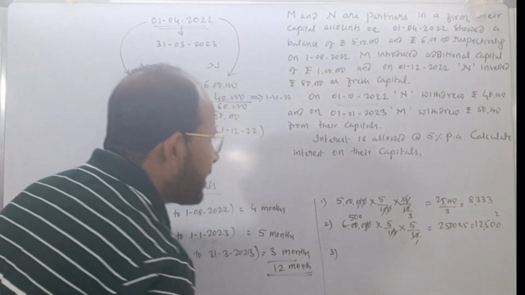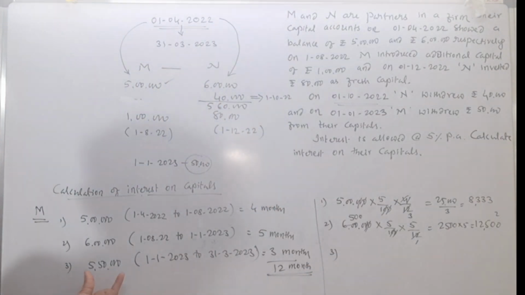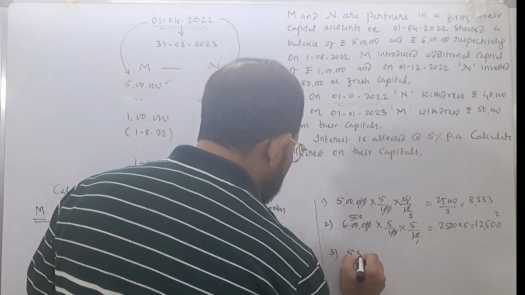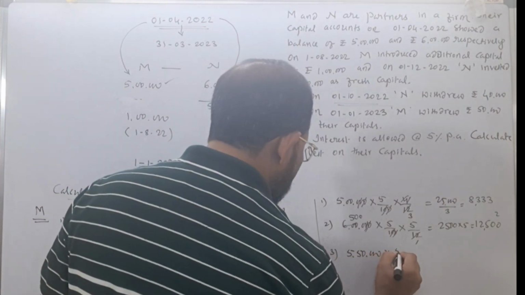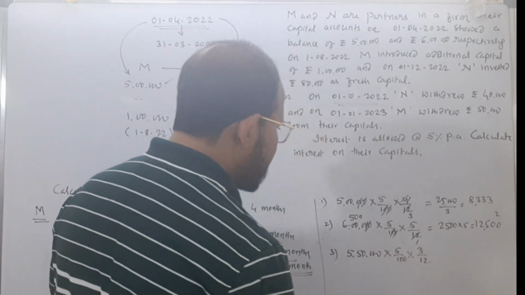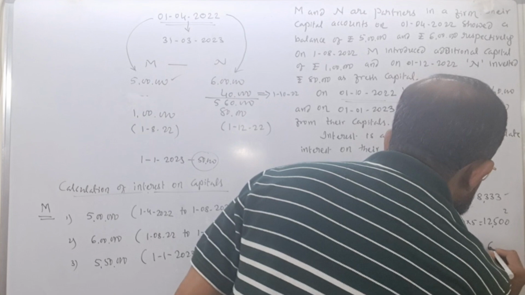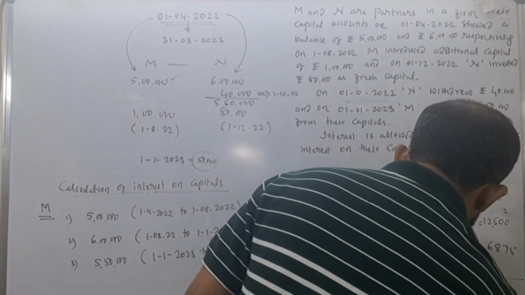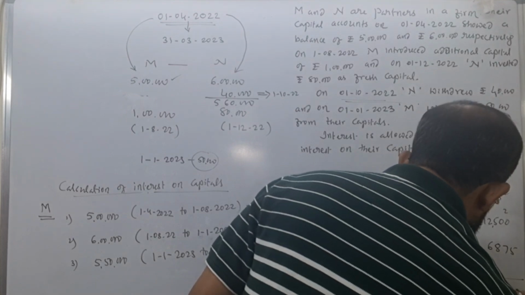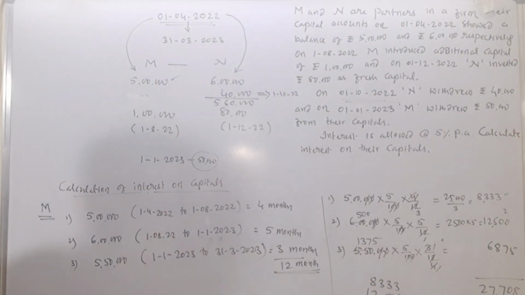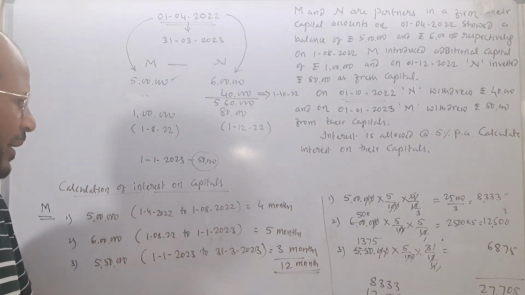Next number 3, we'll check it later. Next 5,50,000 is there. 5,50,000 was used in the business for 3 months. 5,50,000 into 5% for how many months? For 3 months. Right here 6,875. Then total interest on capital of Mr. M comes to rupees 27,708 rupees. See, this is the way how we calculate interest on capitals.